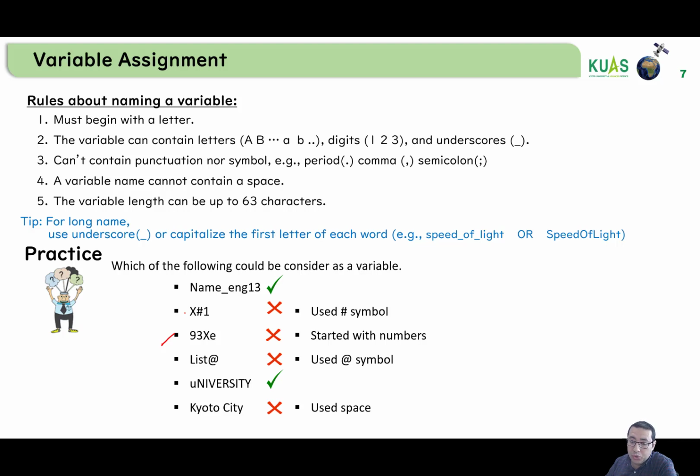It should start with a letter. And for that one, we use the at mark, so we can't use it. For this one, it's okay because it's all letters, even if we mix capital and small, no problem. And for the last one, we can't use it because we use a space between Kyoto city.